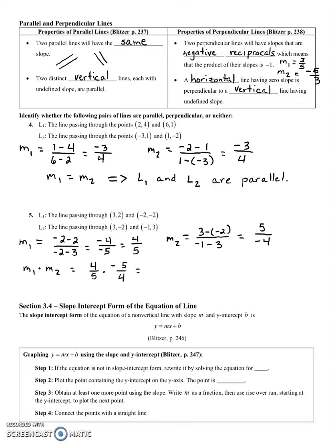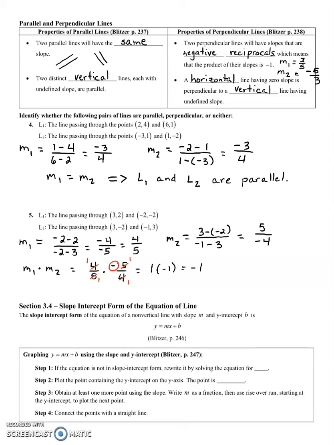And let's see, the 4's cancel each other out and leave us with 1's. The 5 and the 5 cancel out, so that's a 1 and a 1. But remember, we have this negative here. So we really have 1 times a negative 1, which is negative 1.